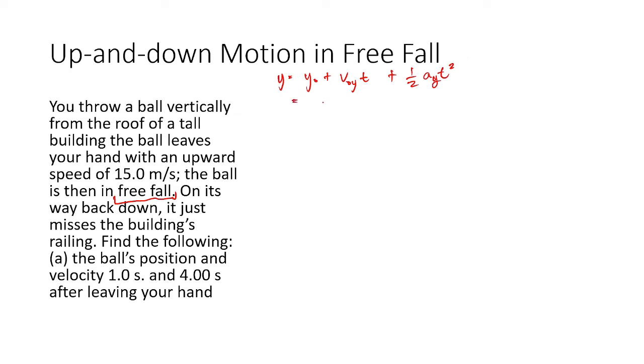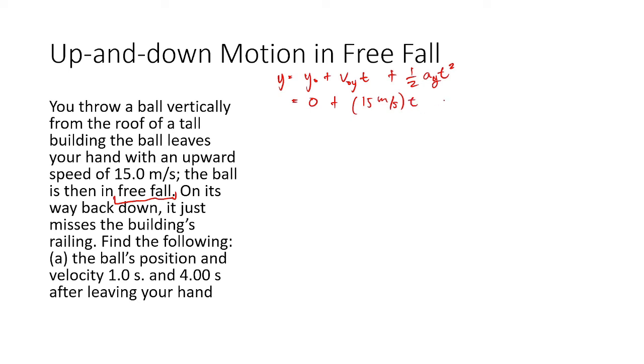We can actually simplify this by substituting some of the given dun sa problem natin. We know that our y naught is actually 0, so we will have there 0, our initial velocity is actually 15 meters per second. So we will have there 15 meters per second times time.